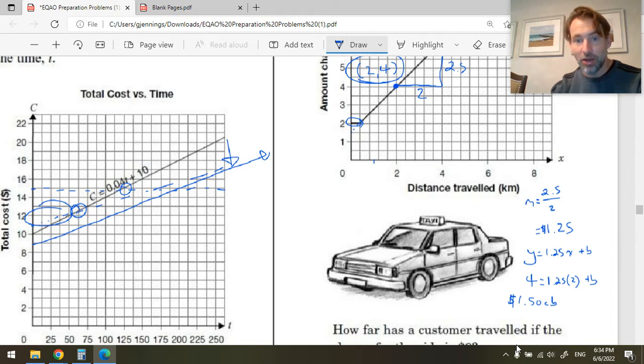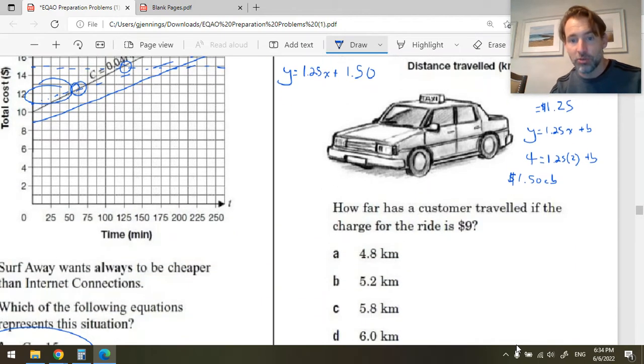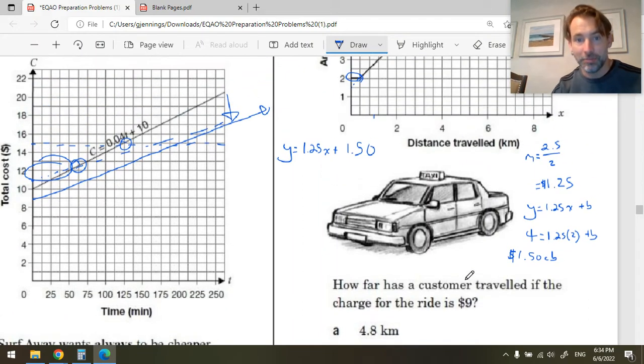Okay, so now I know y is equal to 1.25x plus 1.50. All right, so now how far has the customer traveled if the charge for the ride is $9? Well, let's find out. $9 is the charge for the ride. That's equal to 1.25 multiplied by x plus 1.50.